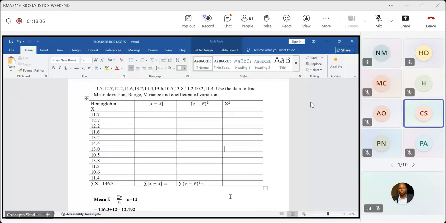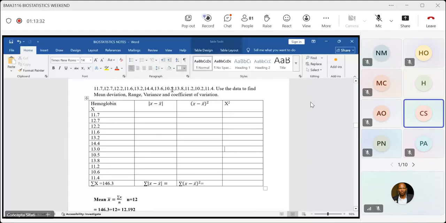So we are different by 0.4. In fact, 13.0 should be 13.6. So now let me change this one up here.